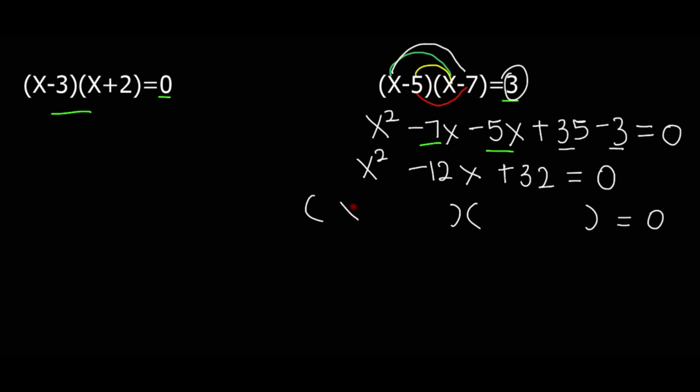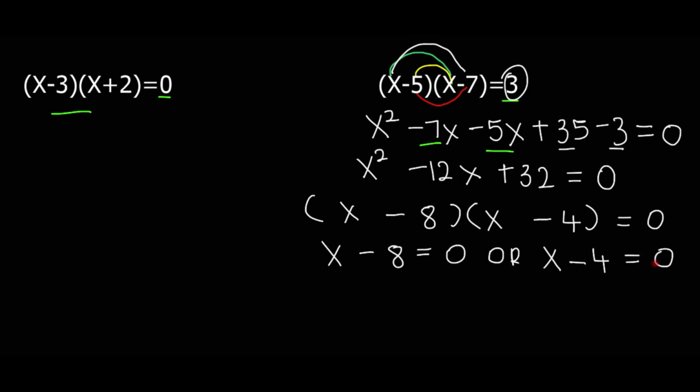We will have x minus 8 and then x minus 4. And then from here x minus 8 is equals to 0 or x minus 4 is equals to 0. And therefore x is equals to 8 or x is equals to 4.